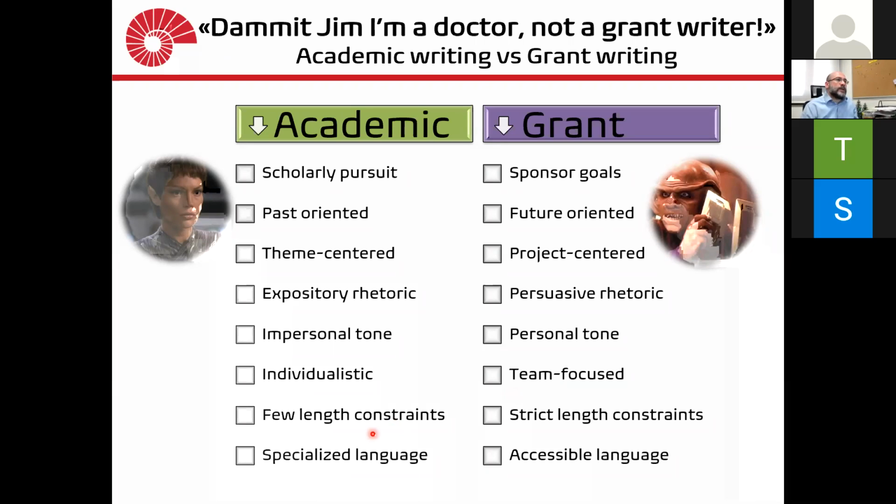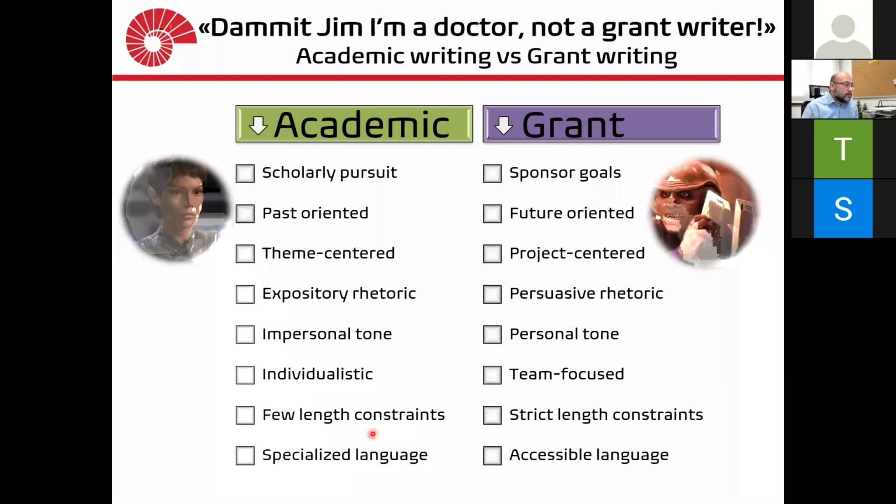In academic writing, again, this may not be true for most journals, but there are fewer length constraints in comparison to a grant proposal. But more and more, of course, I can see in academic journals, the constraints about format and length are as strict as grant proposals.